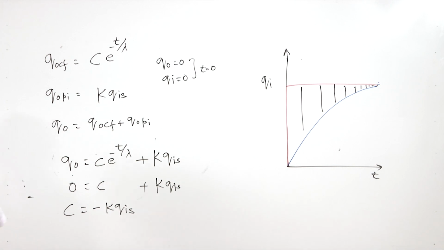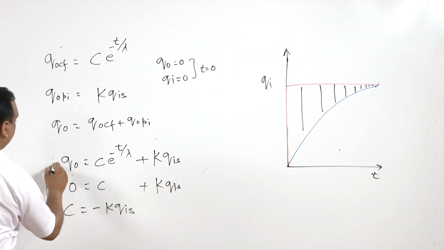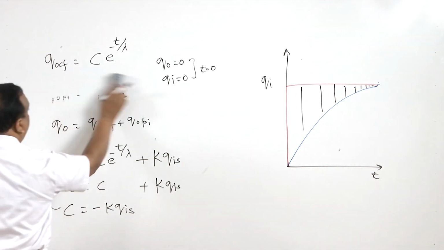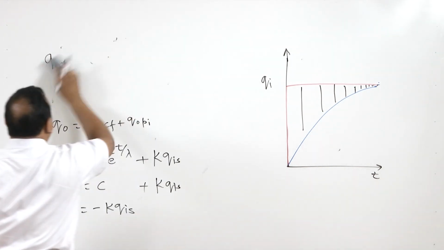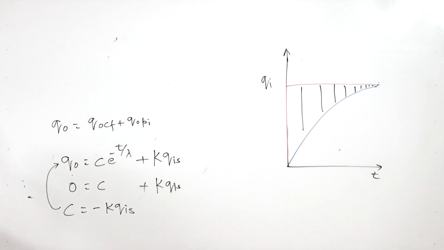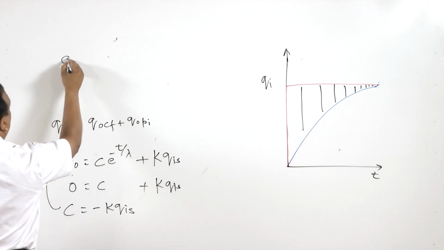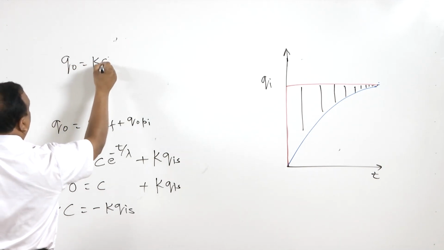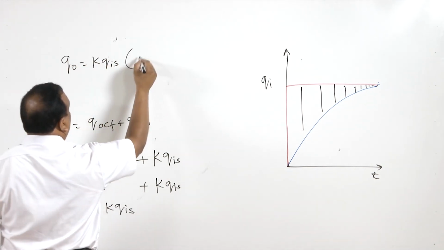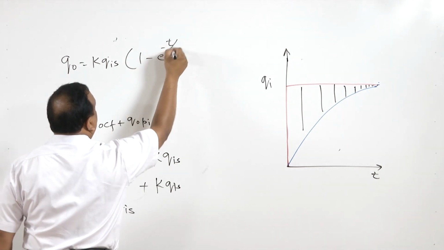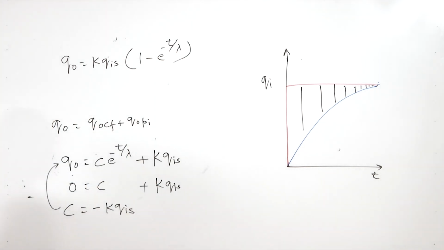And when we substitute this C in the equation, we get the final form as Q_O is equal to K Q_IS times 1 minus e raised to power minus t by lambda.